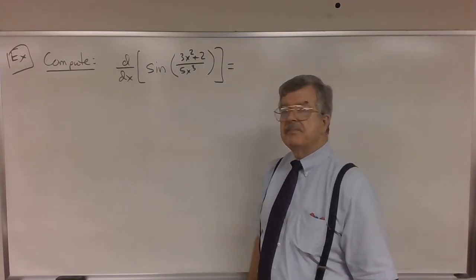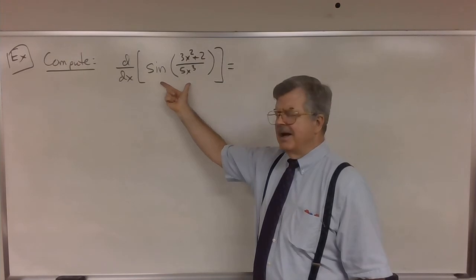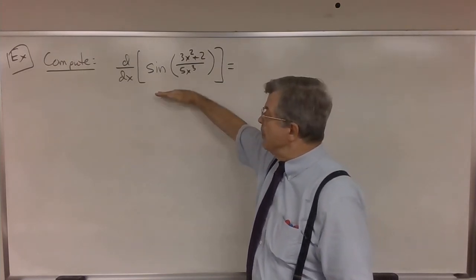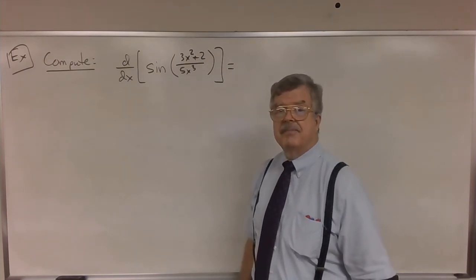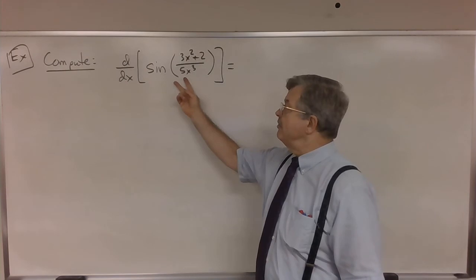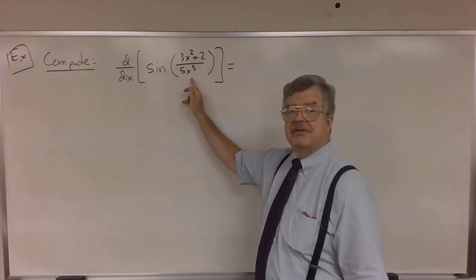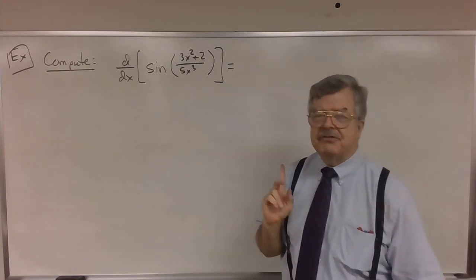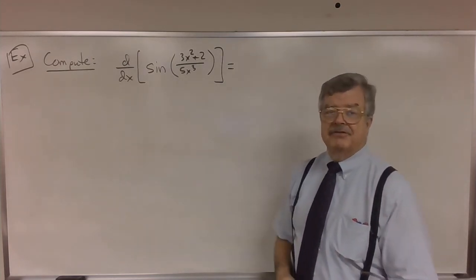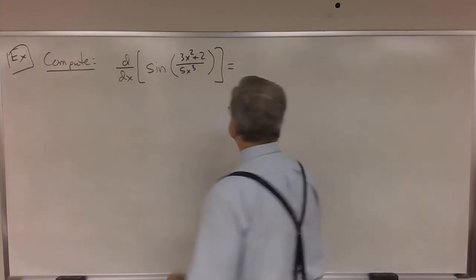And you know what? I don't think we can analyze this whole expression as being the quotient of one thing divided by another. But we can analyze this whole thing as being the sine function evaluated at this quotient. So in the most general sense, this is a composite function. And this is a key observation.